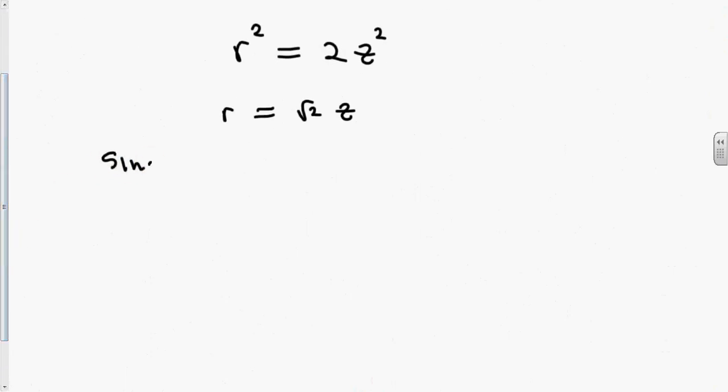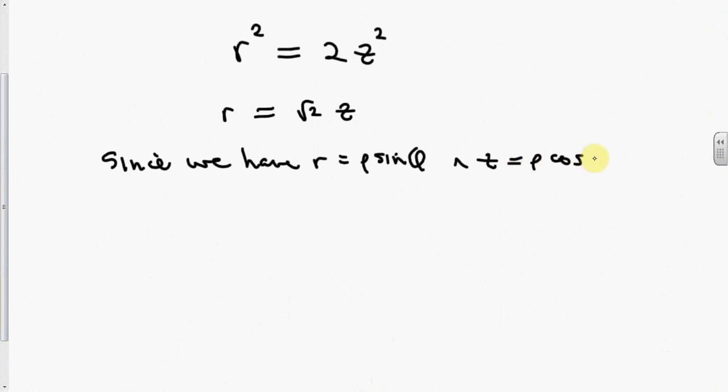Since we have r is equal to rho sine phi and z is equal to rho cosine phi, we have rho sine phi is equal to the square root of 2 times rho cosine phi.